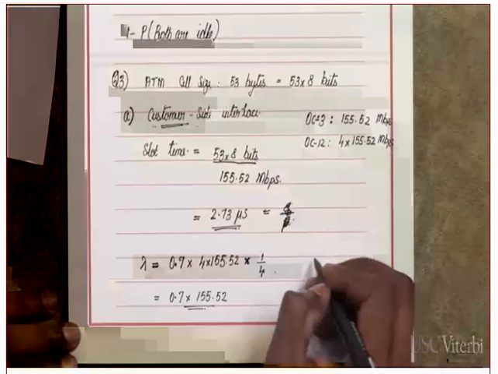Divided by 4, you would get, and then the arrival rate here.